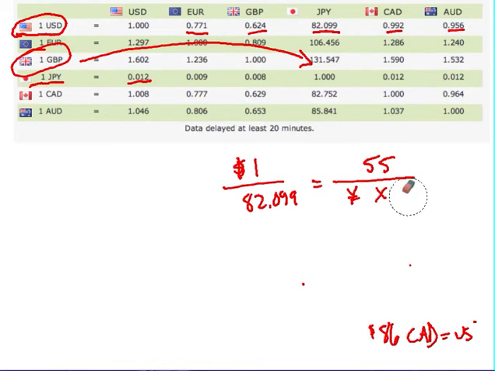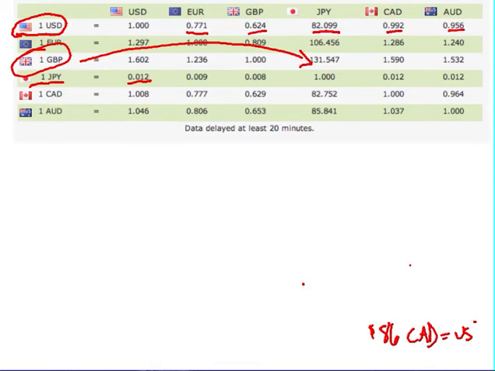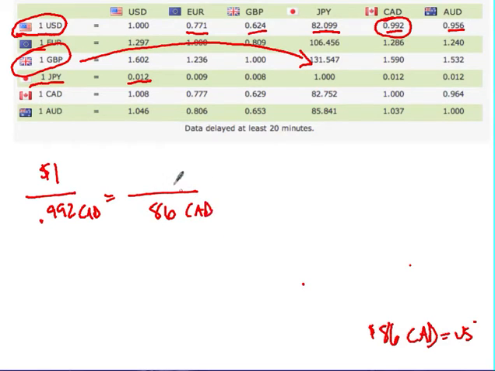Go ahead and be working on it. So we know that 1 US dollar is equal to how many Canadian dollars? 1 US dollar is equal to 0.992 Canadian dollars. And if something costs 86 Canadian dollars, how many US dollars would you need to buy it?